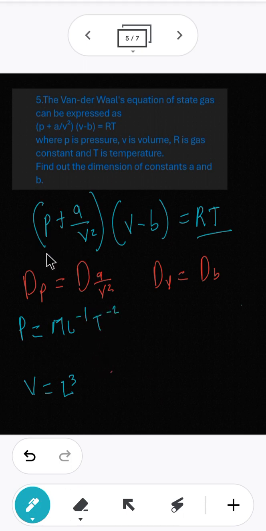Now remember what we said, the dimension of P must be equal to the dimension of A over V squared. Meaning dimension of A becomes, when you cross multiply and make A the subject, PV squared. So we can quickly solve this. A is equal to PV squared.